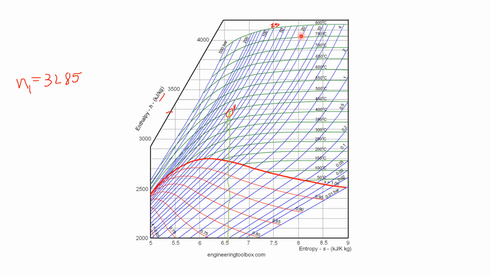This is the 20 bar line, and this is the 50 bar line. That means 60, 80, 100. Sorry, this is an 80 bar line. And at approximately this position, we have the 70 bar line.